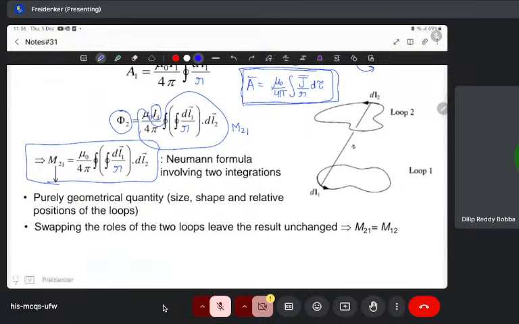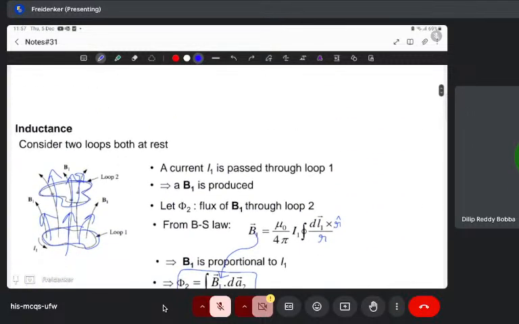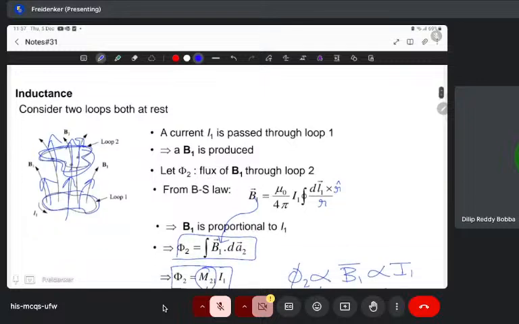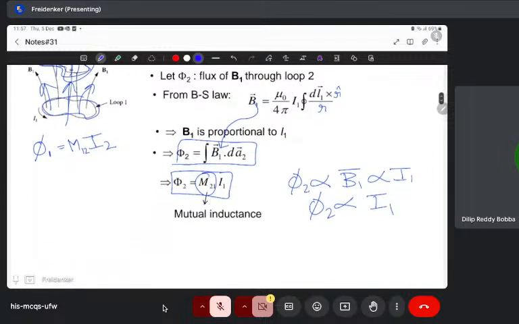And you can reverse the roles as well. So M21, M12, they're the same thing. Loop 2 can have a current, and you can calculate the relationship between the magnetic flux passing through loop 1 and the current passing in loop 2. You will get M12, but it's the same thing. M12 is equal to M21.